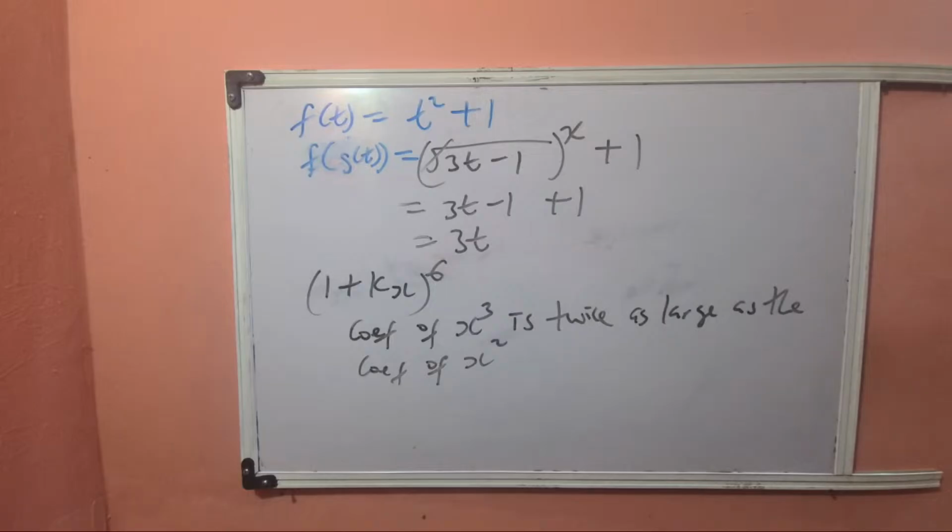In the binomial expansion of 1 plus kx raised to the power of 6, k is a constant. The coefficient of x cubed is twice as large as the coefficient of x squared. Find the value of k.